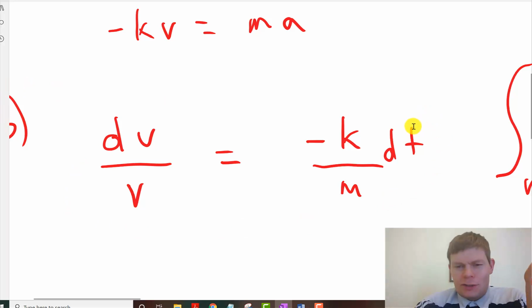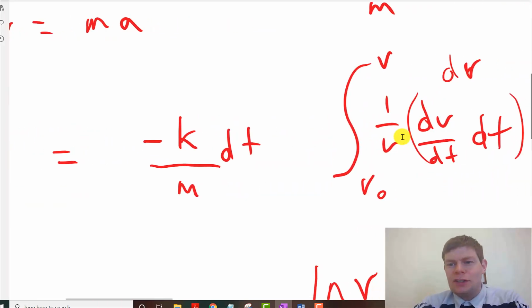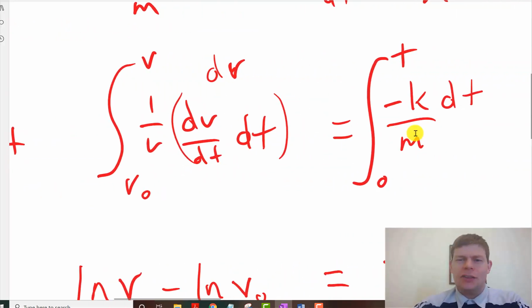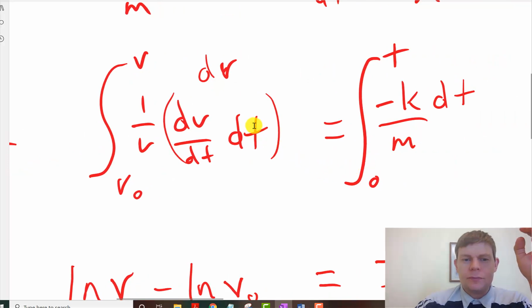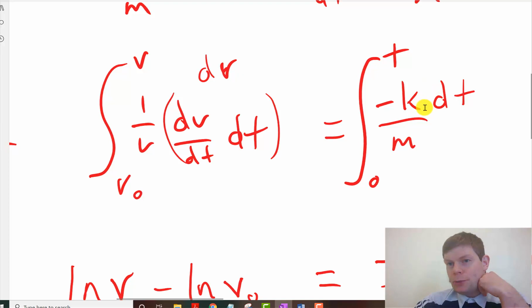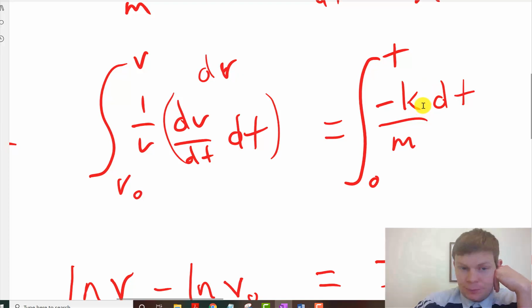That confused me because it didn't make a ton of sense until I thought of it more like this. So if I want to integrate both sides with respect to t, and I divide both sides by v so it's on the same side as its derivative, notice that while I'm integrating with respect to t, dv/dt next to a dt, that's a small change in v.